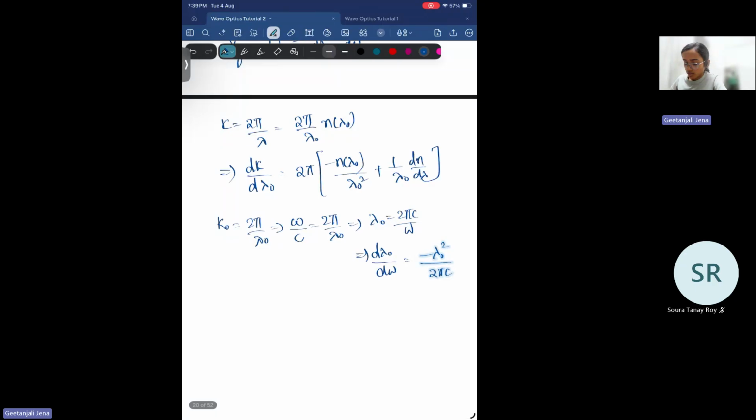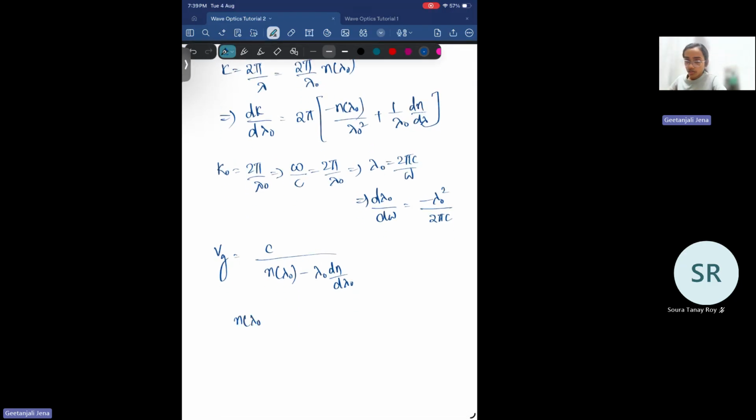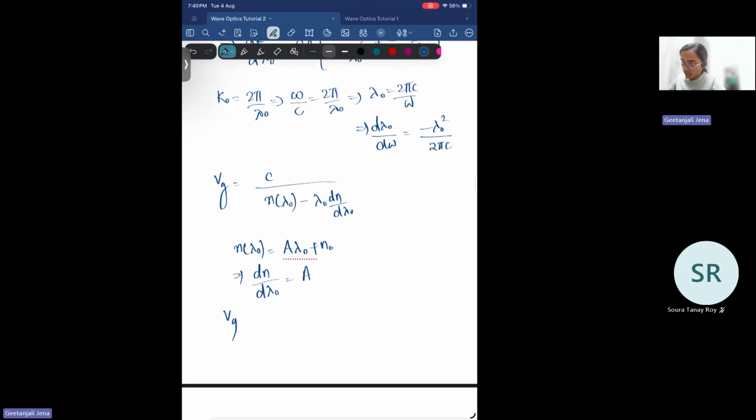So just put it and you can get Vg is c by n of lambda 0 minus lambda 0 dn over d lambda 0. n is given as a lambda 0 plus n0. So that means dn over d lambda 0 is a. So Vg is c by n of lambda 0 minus a lambda 0. This is c by n0.